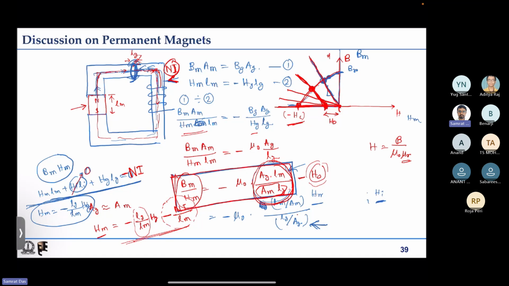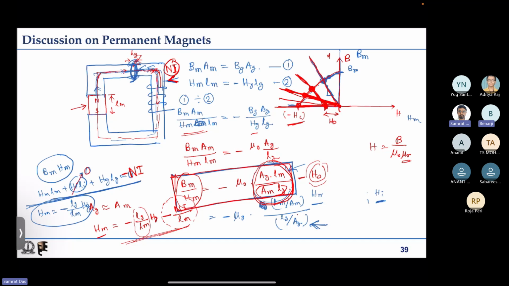That means the load line it sees will have a very low slope. That means it will get demagnetized quickly, or it will operate at very low flux density, and it will soon get demagnetized with time.